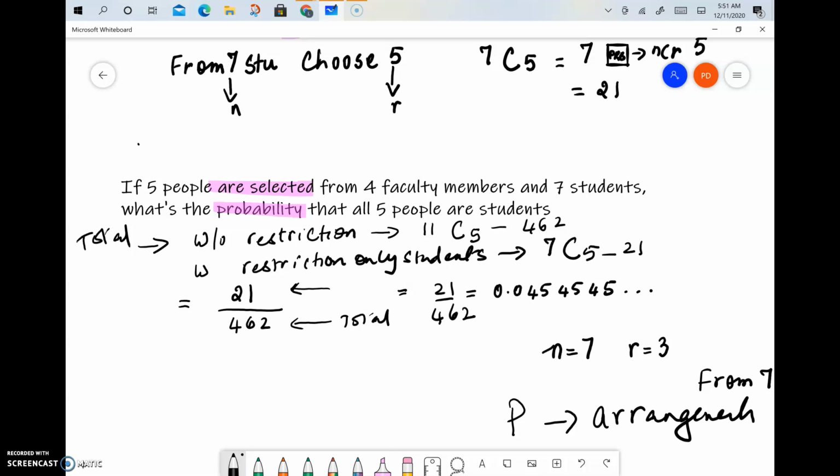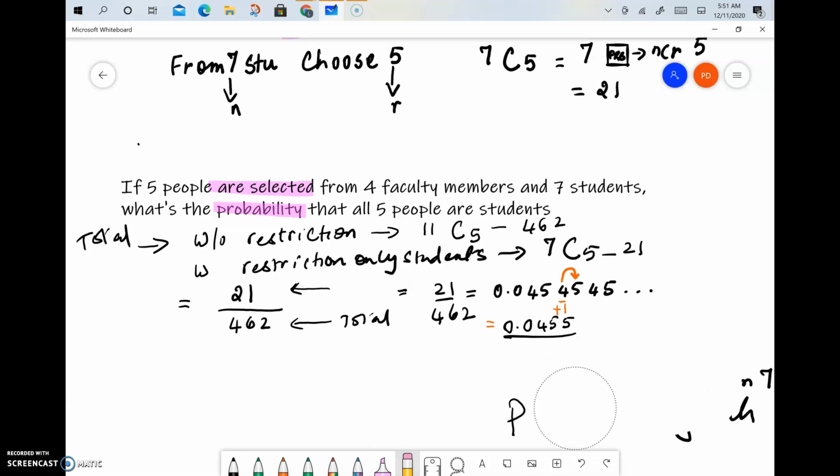And if we have to round it to 4 decimal places, so that's 1, 2, 3, 4, go 1 place value to the right. Since that's a 5 or above, we need to round up by adding 1 to this place value, so that would be 0.0455, and that's the final answer rounded to 4 decimal places.